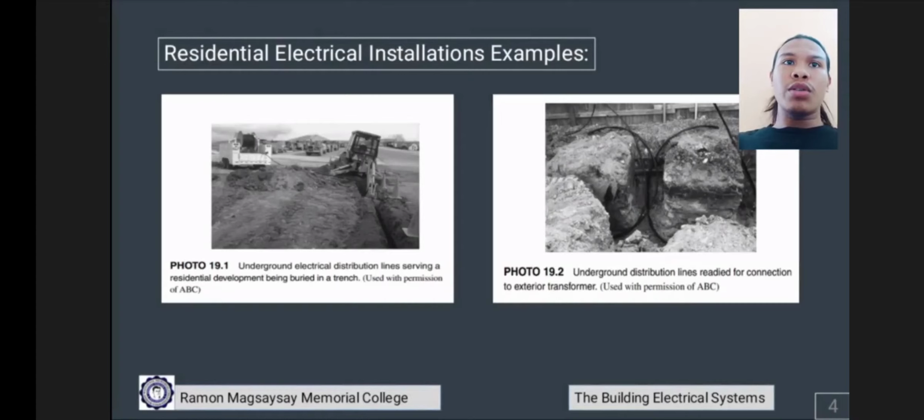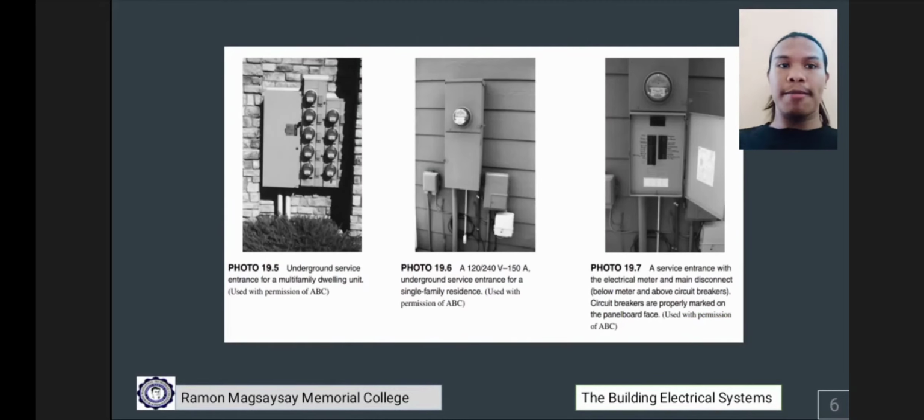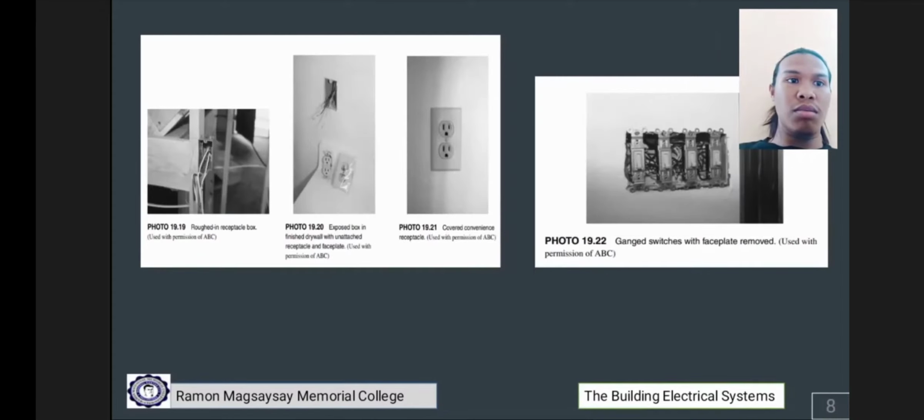Here are example pictures: the underground electric distribution line servicing a residential development being bored and tracked, underground distribution lines readied for connection to an exterior transformer, then the power transformer and power filters prepared for installation, and so on. Others are the outlet, the rough-in of requested lighting fixtures, roughing in lighting boxes, and so on.